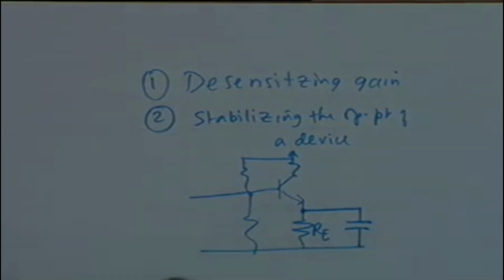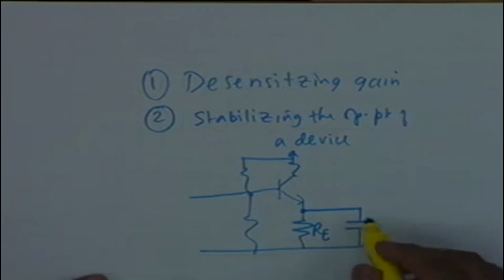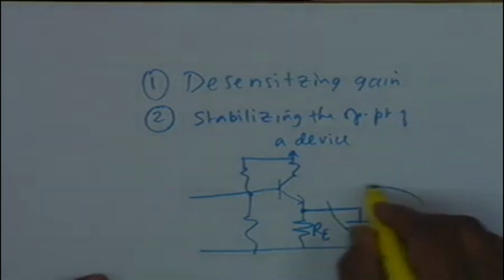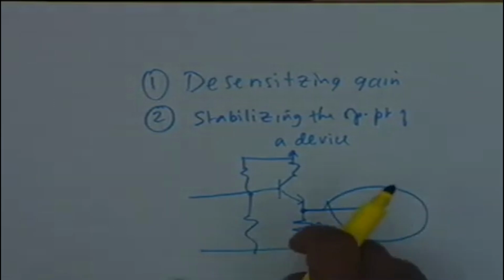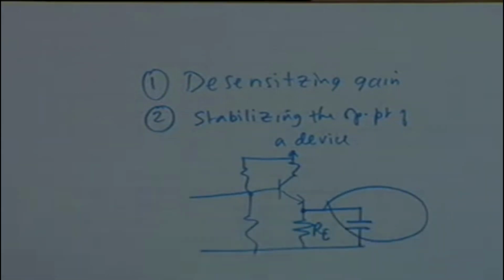Why was this needed? Because otherwise the gain is reduced. Why is the gain reduced? Because if this capacitor is not there, then RE acts as negative feedback, and this is very easy to see.